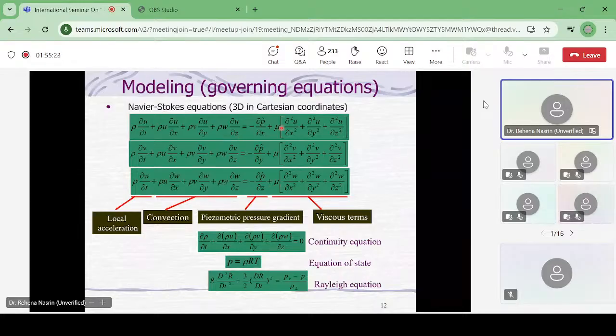It is shown here in a three-dimensional Cartesian coordinate system, and the first term is the local acceleration term, and these three terms are called convection terms. This is the pressure gradient term, and this is the viscous term. And the equation of state is given by this equation.